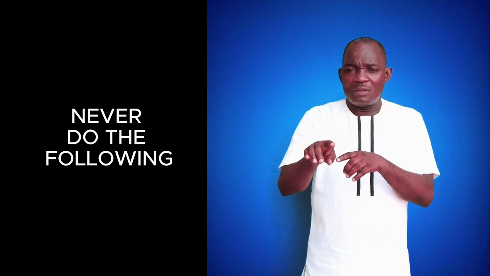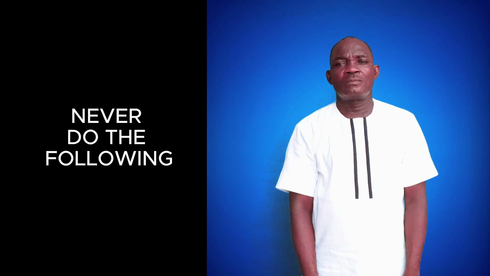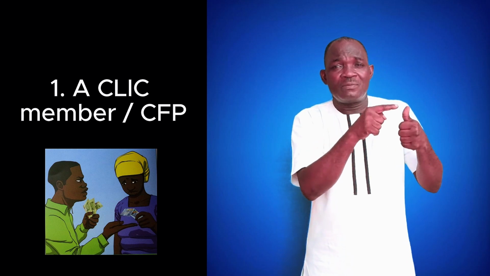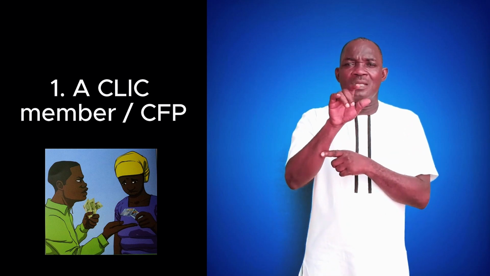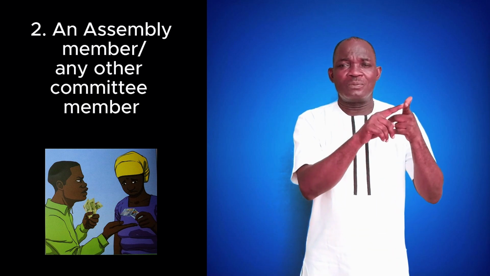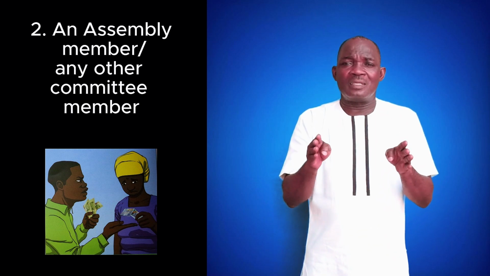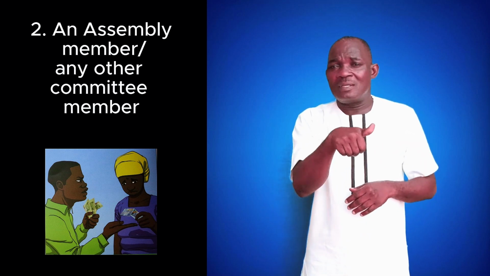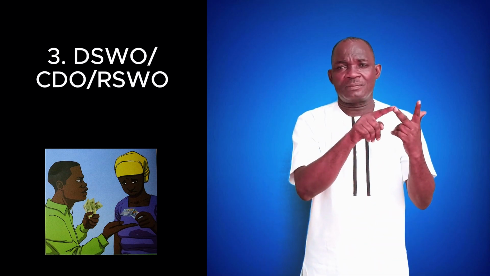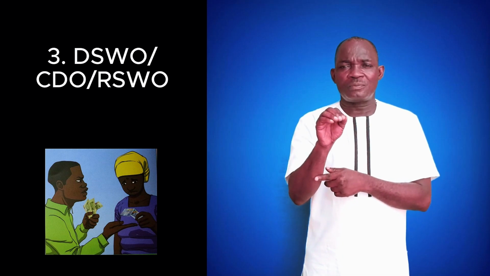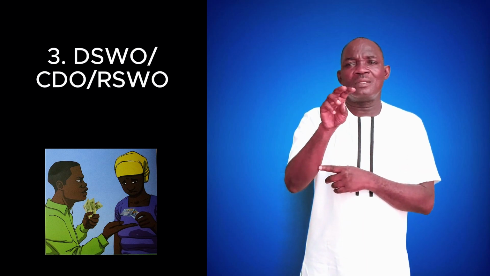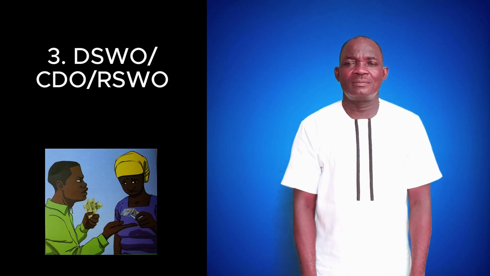Never do the following. Never give money to the following. 1. A CLIC member or CFP. 2. An assembly member or any other community member. 3. DSWO or CDO or RSWO. 4.